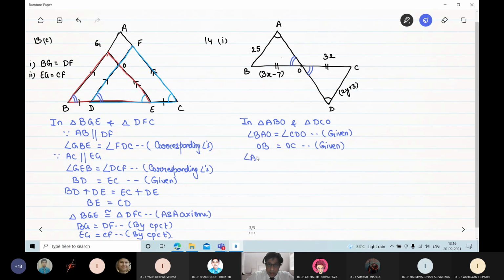Then we can say that angle AOB is equal to angle COD. This is vertically opposite angles. And therefore triangle AOB is congruent to triangle DOC, and this is congruent by angle, angle, side axiom. Is the congruency part clear to everyone?